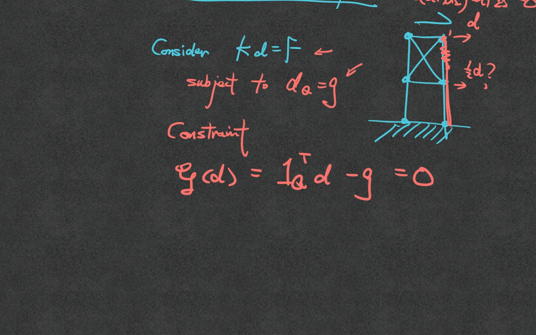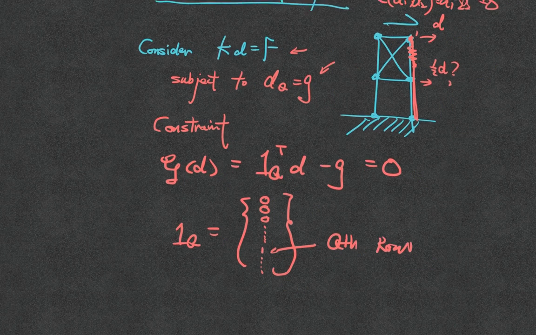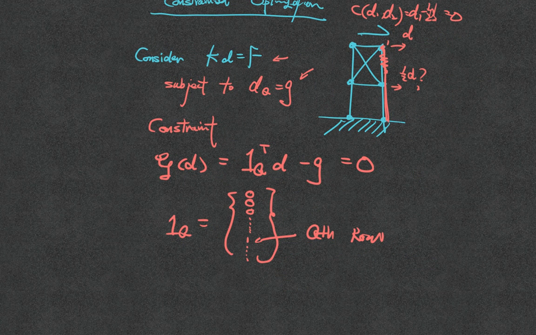This is a very simple row vector: 0, 0, 0, and so on, 1, 0, 0, 0. At the Q row where I want to put additional control, I simply put 1 into the constraint. Does that make sense?